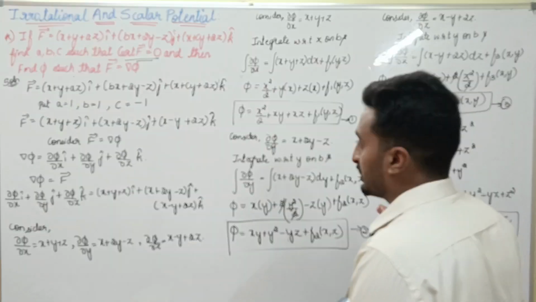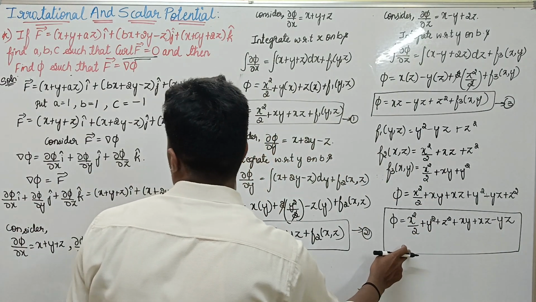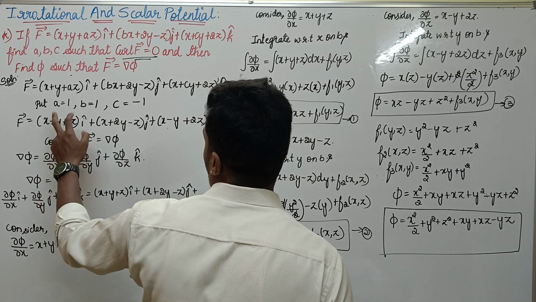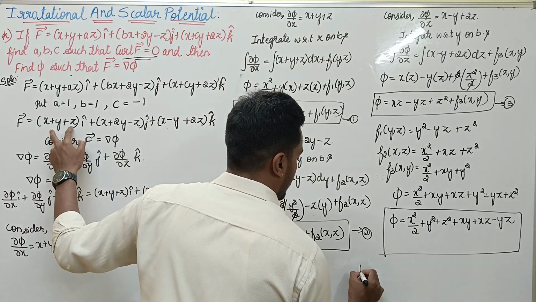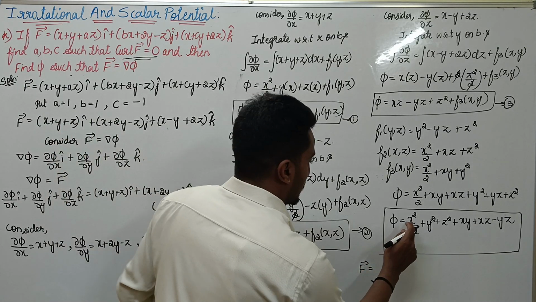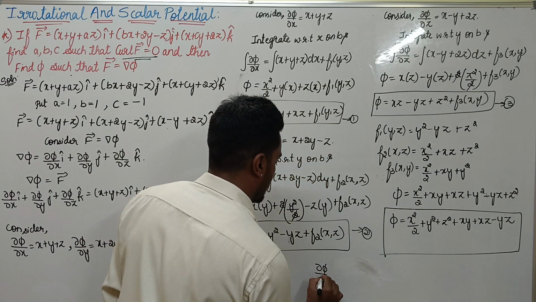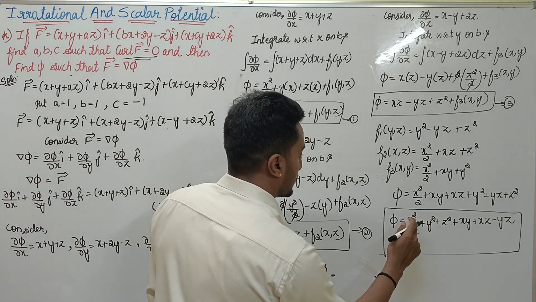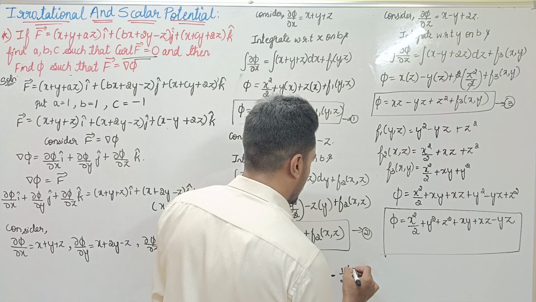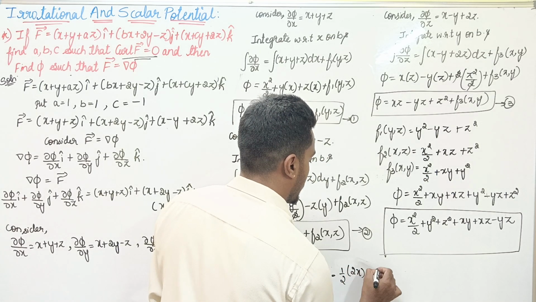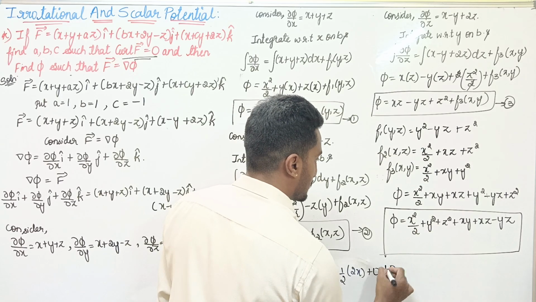To check whether the given scalar function is correct or wrong, just differentiate with respect to x, so that you get the vector field. That is, differentiate phi with respect to x: dou phi by dou x. Half remains constant, differentiation of x square gives 2x, plus we don't have x here, so this term becomes 0, and this term also becomes 0.